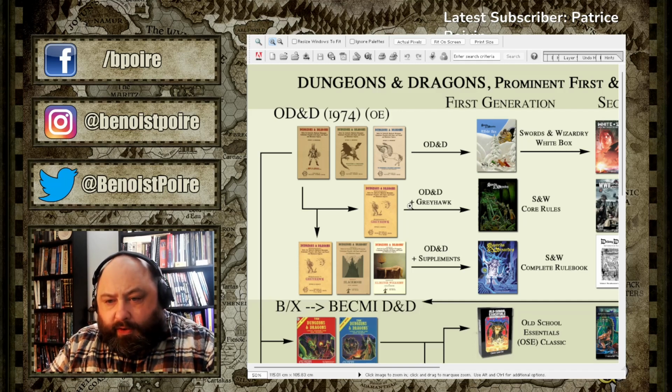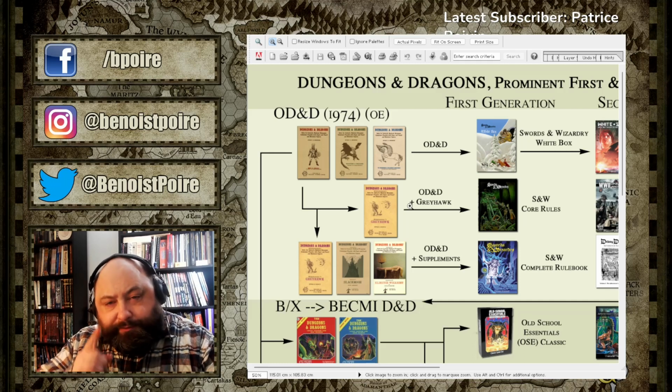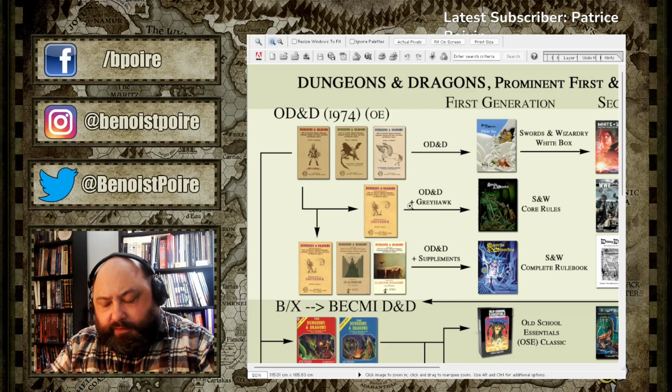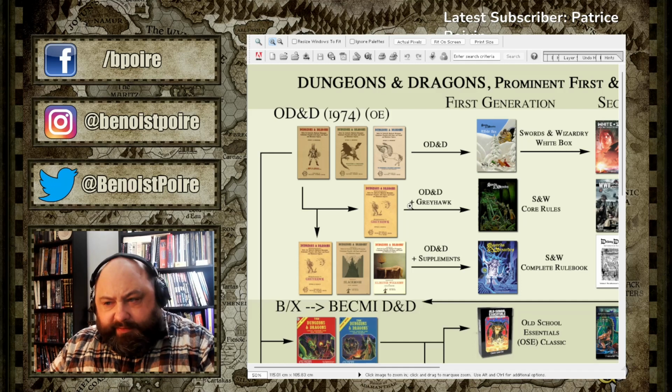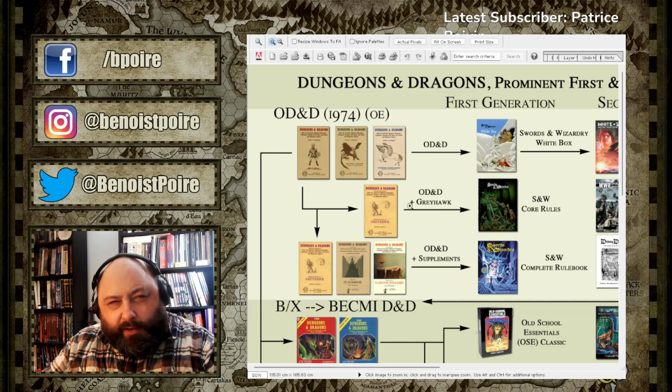Now, the second version of the Sword and Wizardry rules that you might come across is the Sword and Wizardry Core Rules, which are actually the first chronological versions of Sword and Wizardry. That's essentially the 3 little brown booklets, plus elements of Greyhawk, and I think 1 or 2 other supplements, like Blackmore. But mostly Greyhawk.